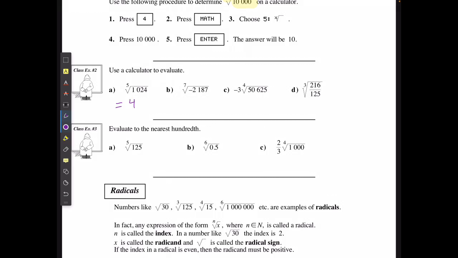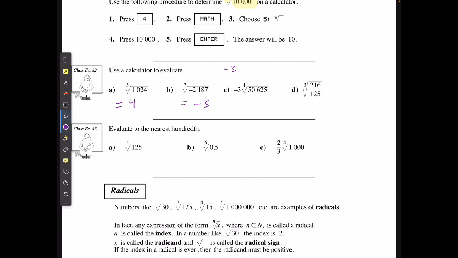If you are taking the seventh root of negative 2,187, then your answer should just be negative 3. If you're taking negative 3 times the fourth root of 50,625, be careful, when you put this in your calculator, you're going to say -3.